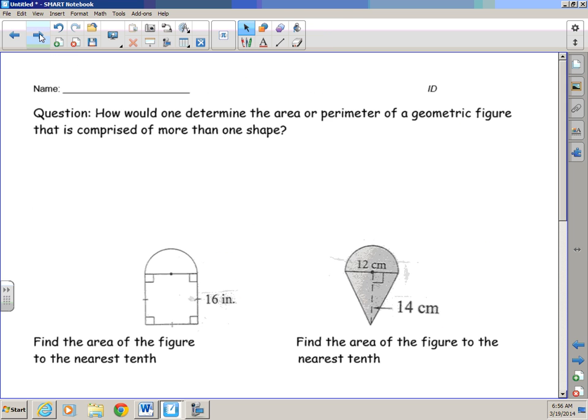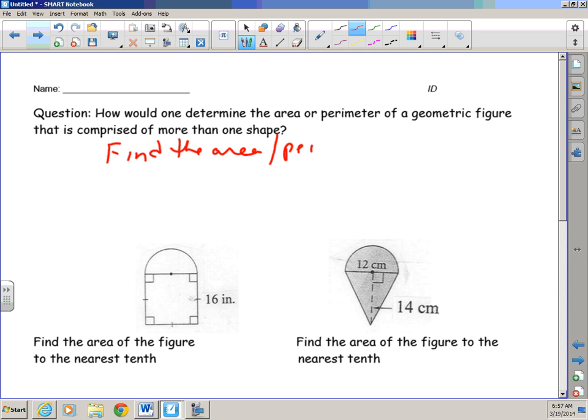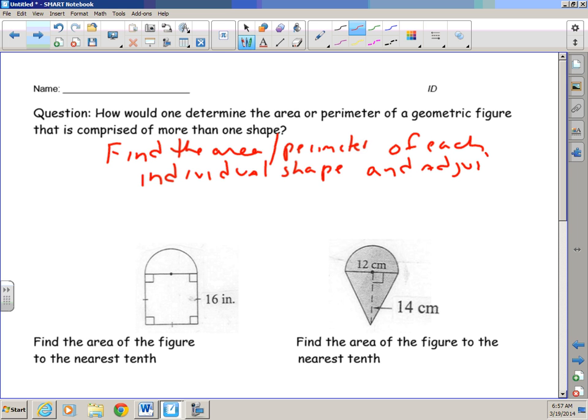Now, how do you figure out the area or perimeter of a geometric figure that is comprised of more than one shape? You should remember this from last year. What you would do is find the area or perimeter of each individual shape and adjust it to the figure drawn.